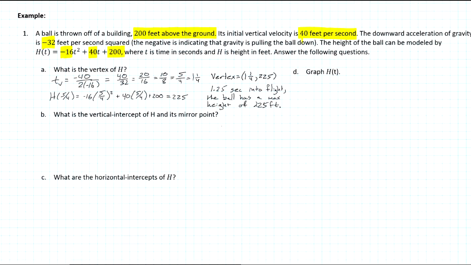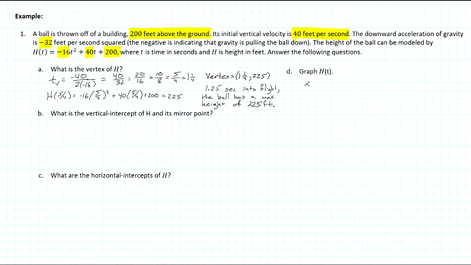Just start graphing as we go here. Get a vertical axis. I'm going to give myself plenty of space here. I need to get to 225 feet high. My horizontal axis is t, time in seconds. My vertical axis is capital H, height in feet. We want to get a maximum height of 225.